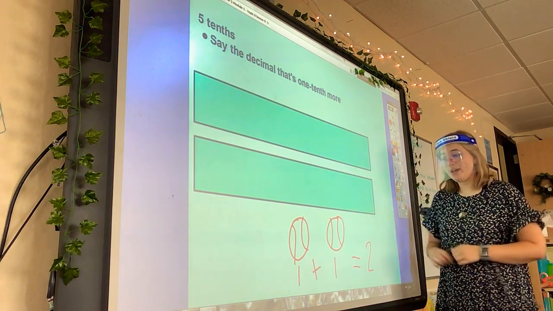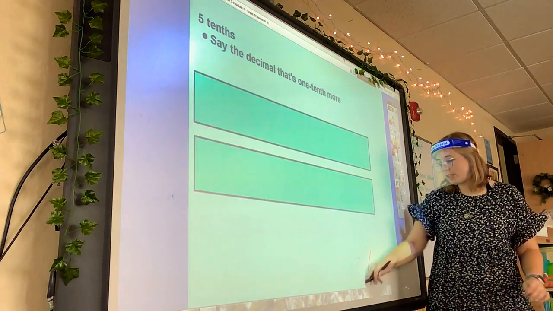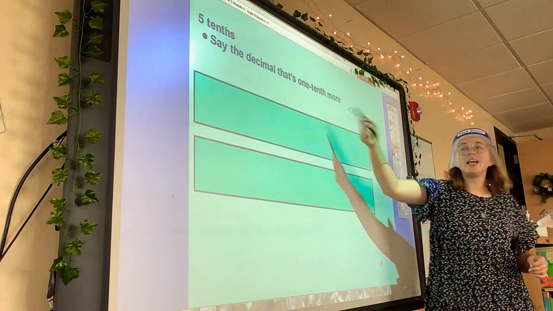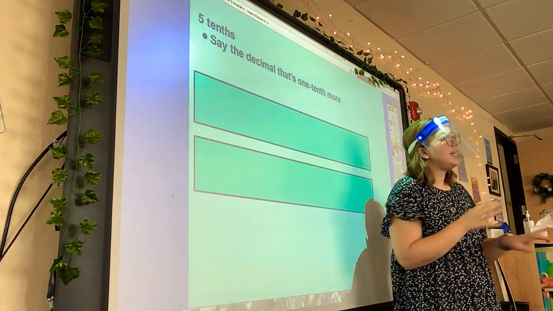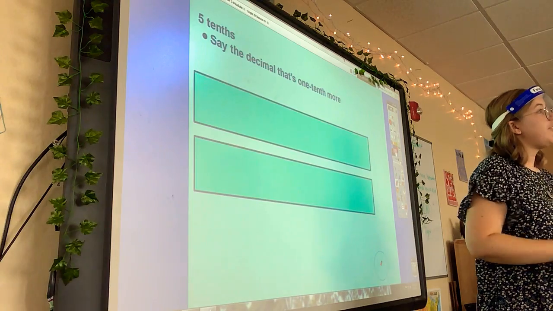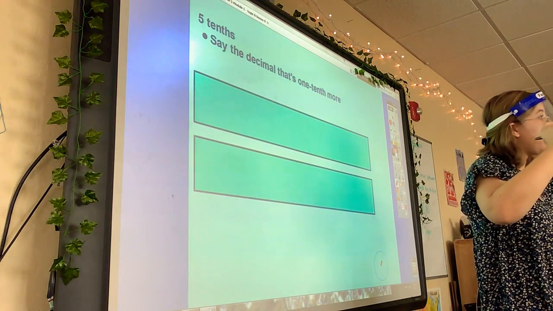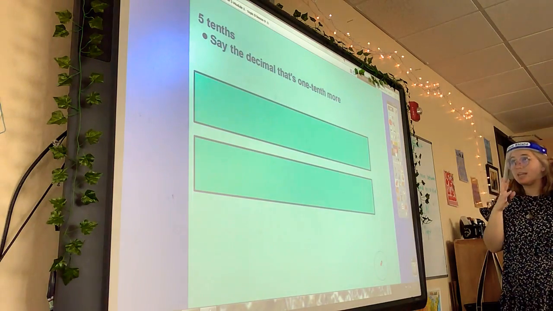Okay. So we're doing the exact same thing today, but I want you to think of tenths or thousandths or whatever it is as the same idea, okay? So just like it's one tennis ball plus one tennis ball, if I have 1/10 and 1/10, how many tenths is that? Go. 2 tenths, okay? It's the exact same thing.